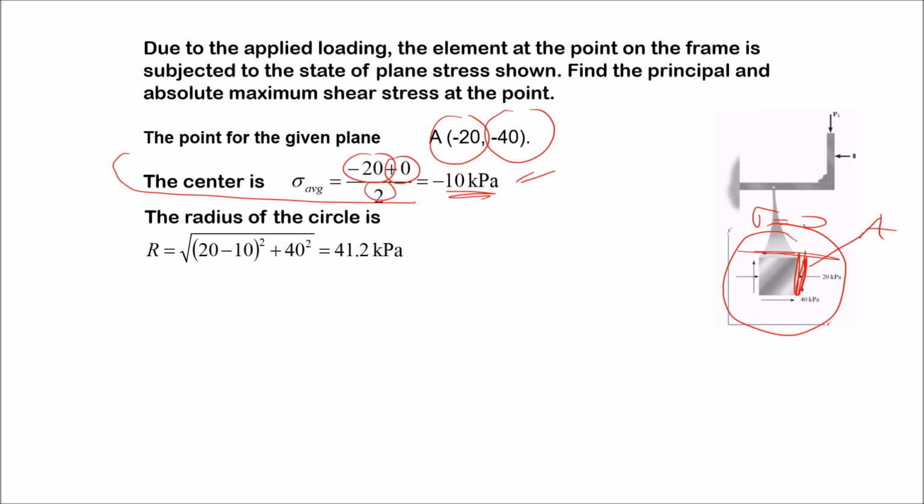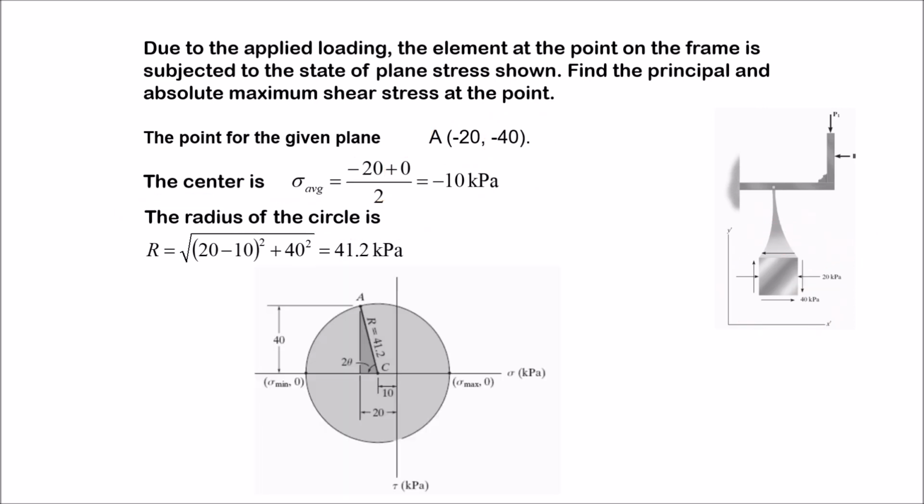That's your center, and you can calculate the radius as this value, and it's 41. You can draw the Mohr circle. Center is at minus 10 and the radius is 41.